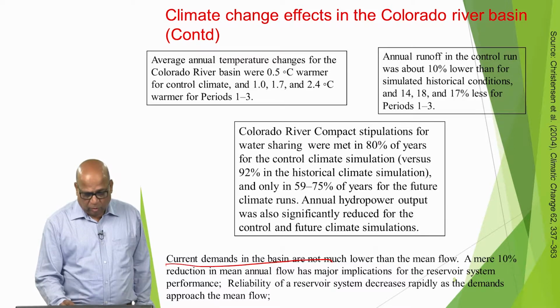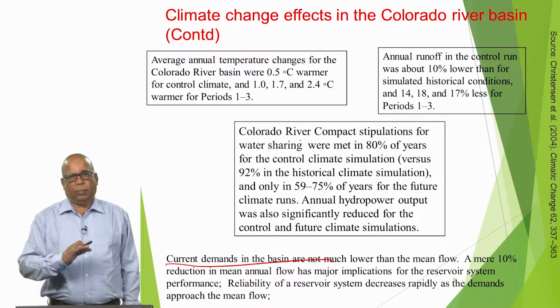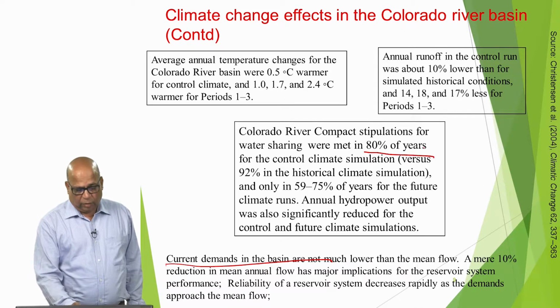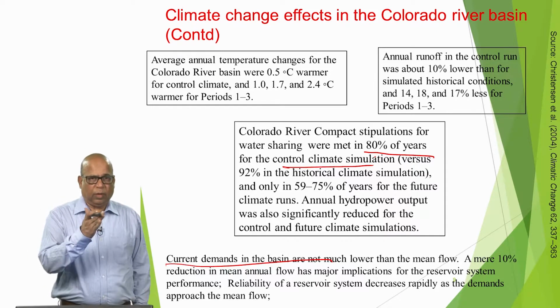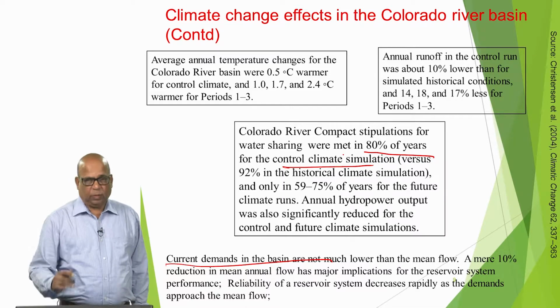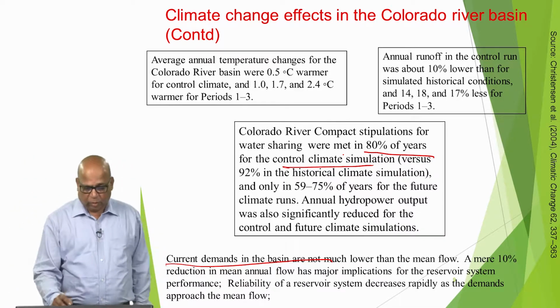For example, they conclude that the Colorado River Compact, as I said, governs the sharing of water among these 7 states. So, in 80% of the years in the control climate simulation, which means if our CO2 levels were at the 1995 level, then about 80% of the years of simulation you would have met the Colorado Compact.